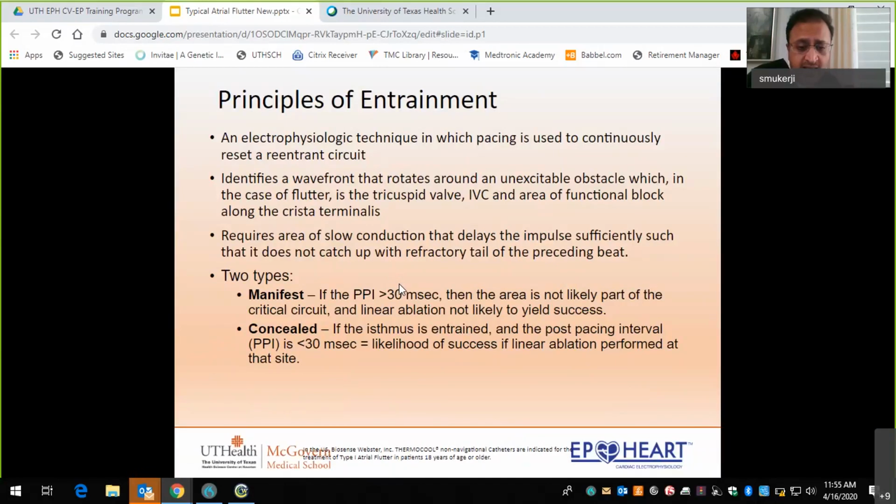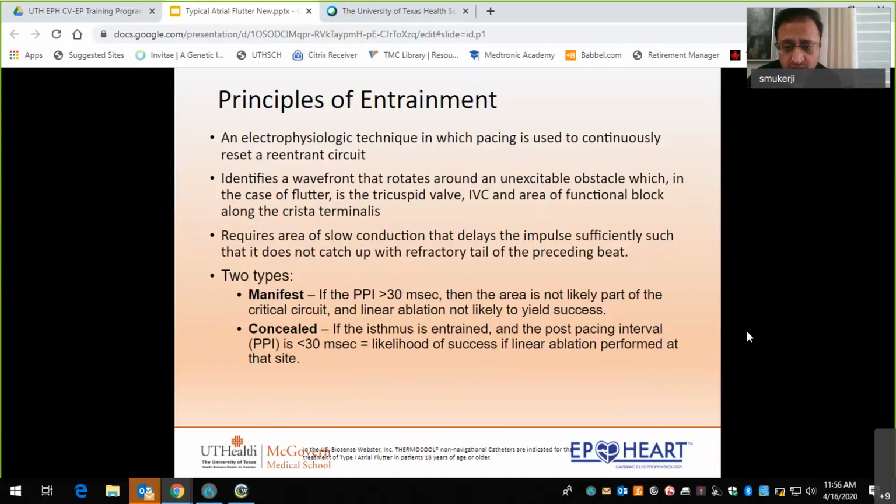How do we do that? Firstly, like I said, you pace a part of the heart, in this case the RV, at a constant rate to identify and reset the circuit. Once we do that and we stop pacing, we look for the PPI and tachycardia cycle length. Like I said, if it's less than 30 milliseconds, that by definition tells you that you're within the circuit and you're at a good spot to ablate.